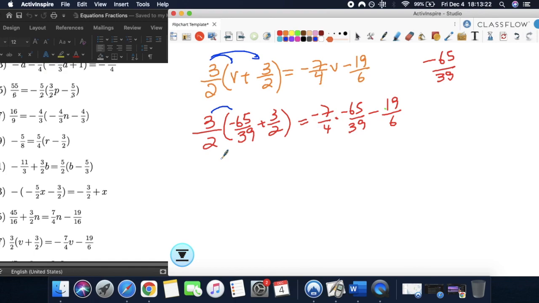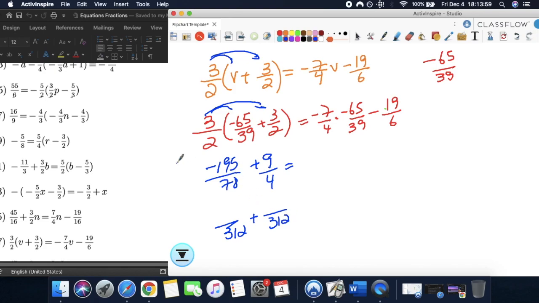So 65 times 3 is negative 195 over 78, because 2 times 39 is 78. And then 3 times 3 is 9, and 2 times 2 is 4. Okay, so I'm going to keep on the right side. 78 divided by 4, does that work? No, it doesn't work. I'm just going to multiply both numbers, and I'm going to use 312 as my common denominator.